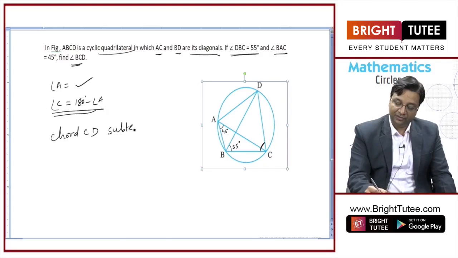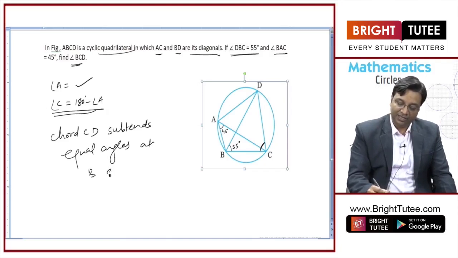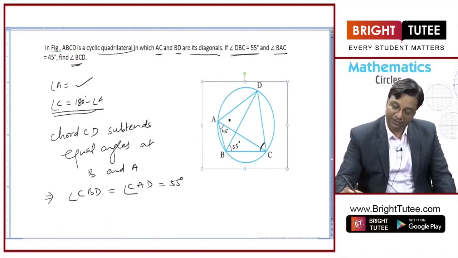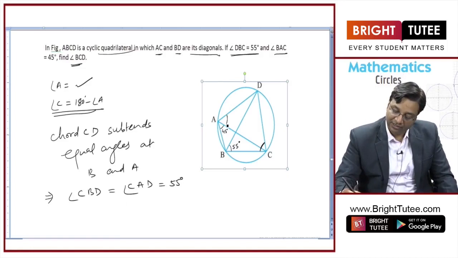It subtends equal angles at B and A. Hence, angle CBD will be equal to angle CAD equal to 55 degrees. What that means is that this angle is 55 degrees.